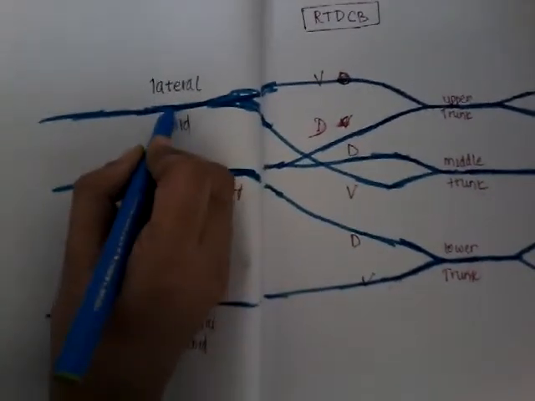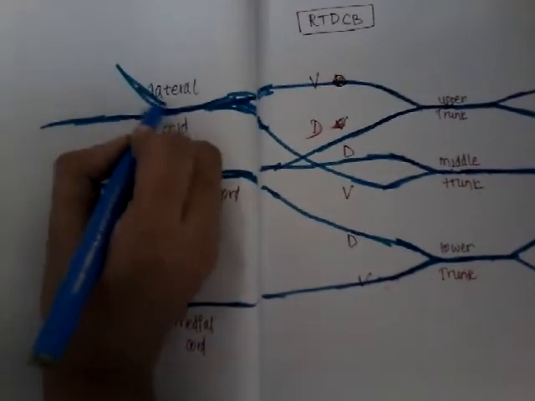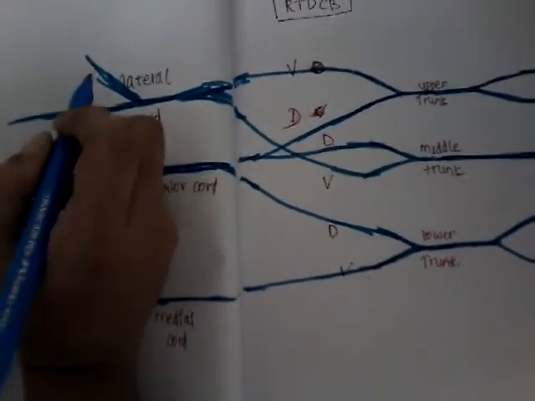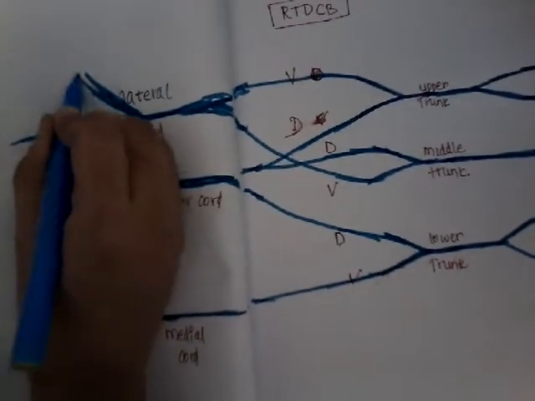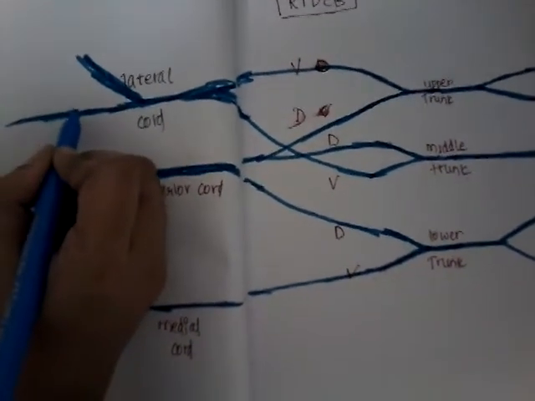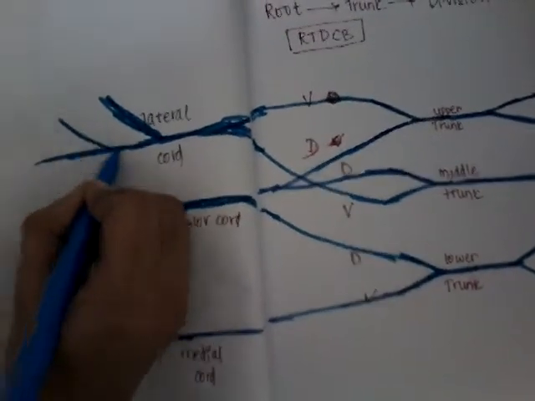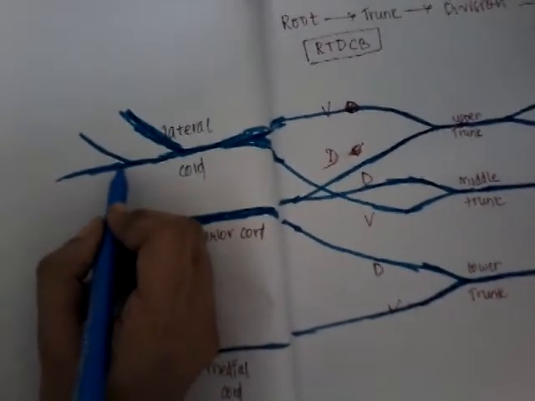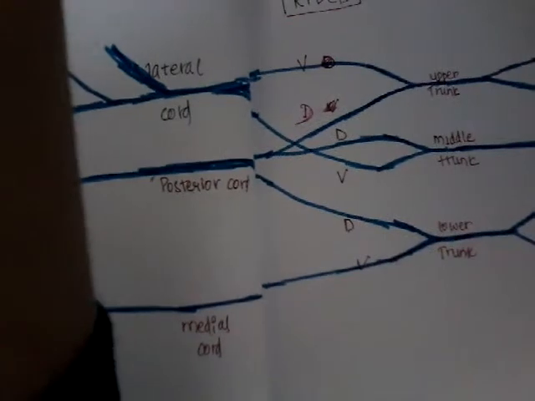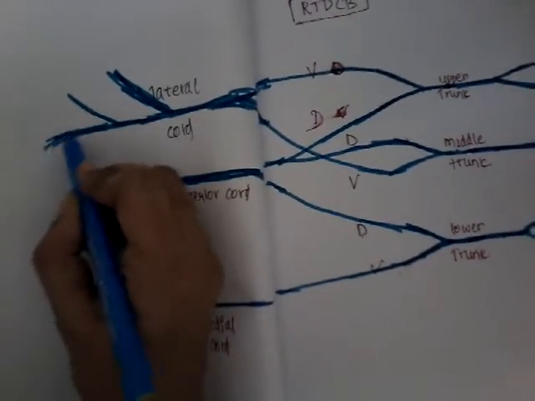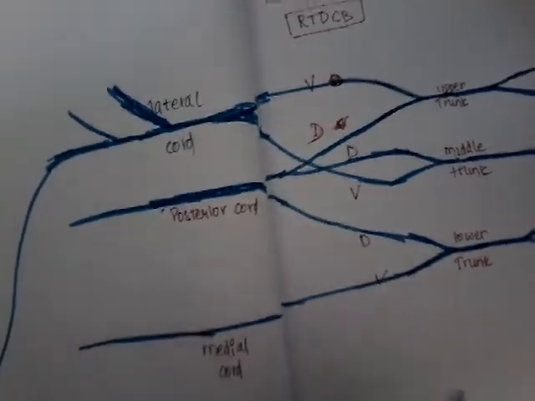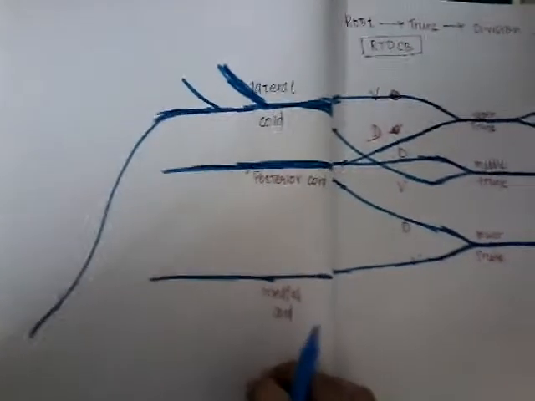Number 1, lateral pectoral nerve, which supplies the pectoral muscle, number 2, musculocutaneous nerve, and number 3, lateral root of median nerve. The lateral cord forms the lateral root of median nerve.